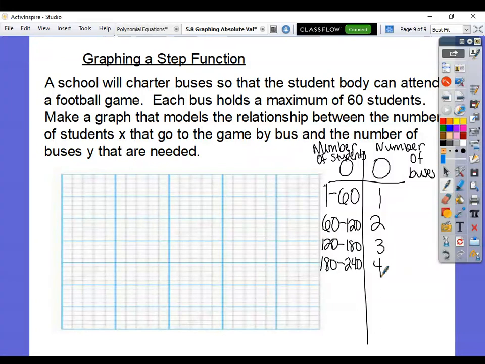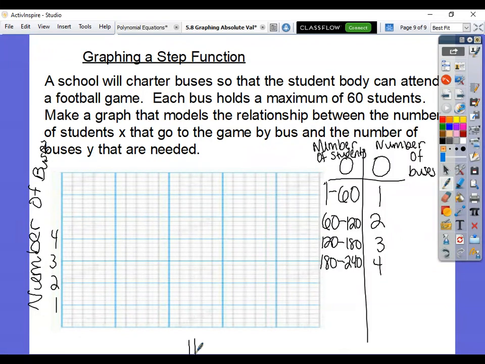So we're going to put number of buses for the y-axis. So we'll go 1, 2, 3, 4. And then number of students for the x-axis.